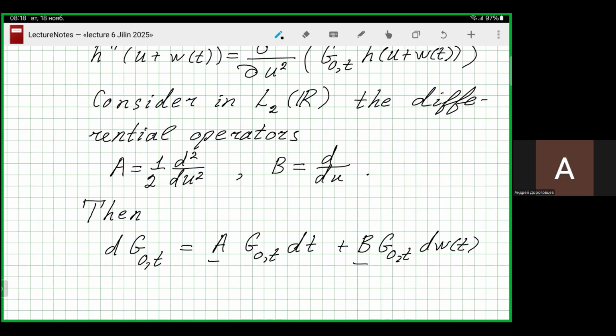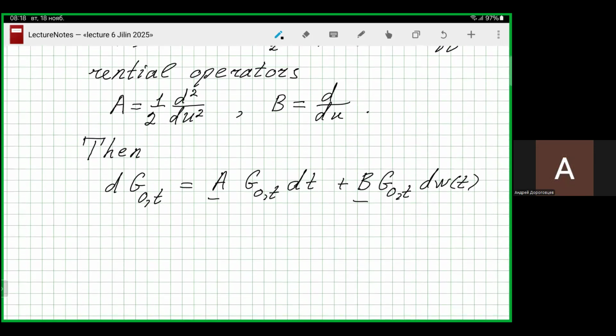But it occurs that we have to be careful in this way, and we can go this way, but not for every pair of operators A and B. And let me explain the reason. So the next step is the stochastic partial differential equation.